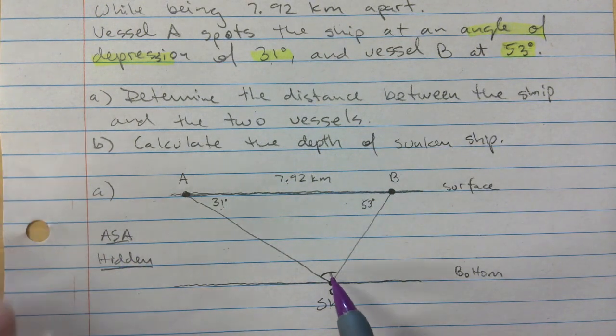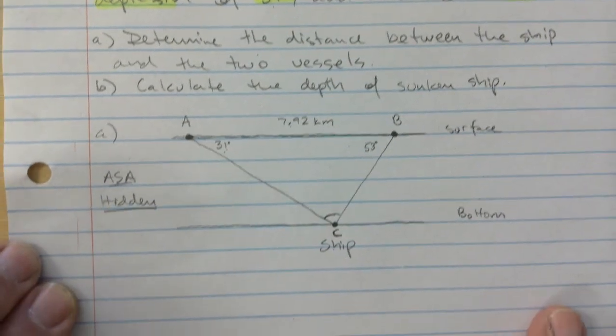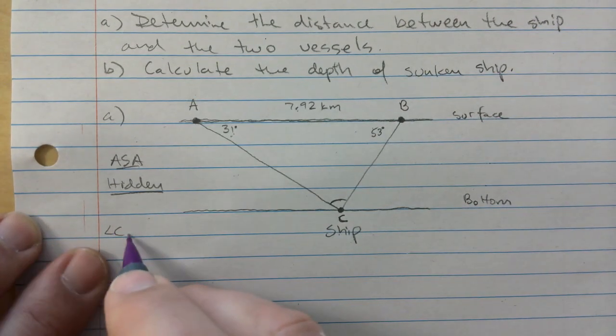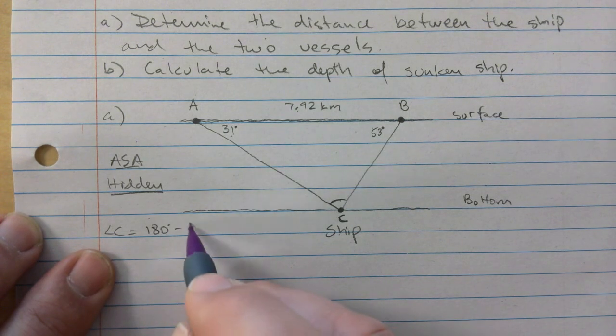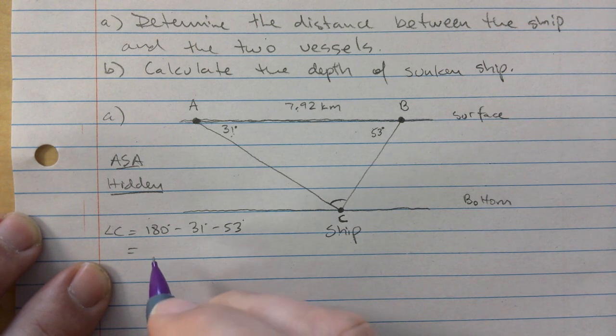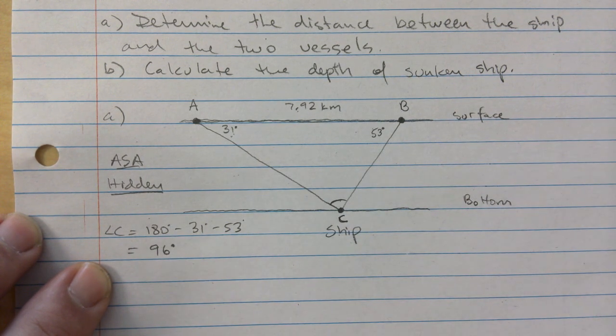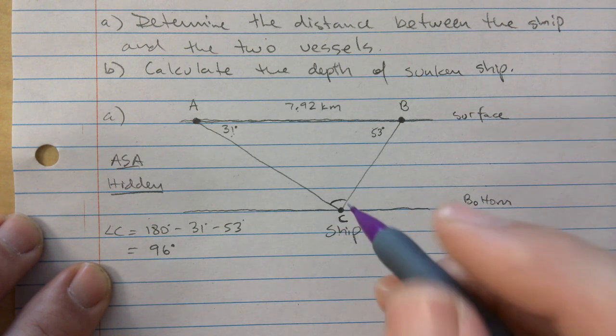We're going to find angle C using the sum of a triangle. Angle C is going to be 180 minus 31 minus 53, and that is 96 degrees. So it's not a right triangle, because 96 is a little bit bigger.